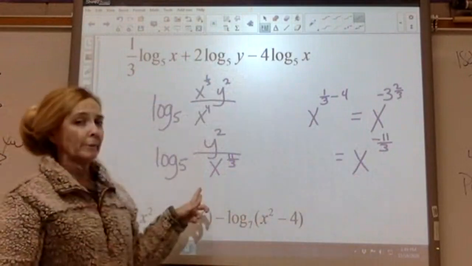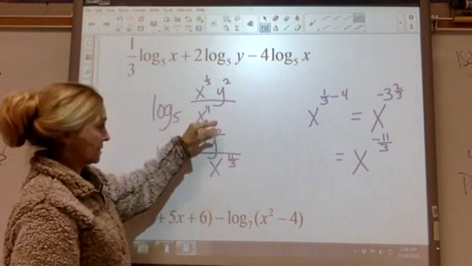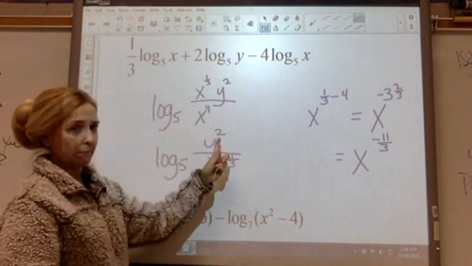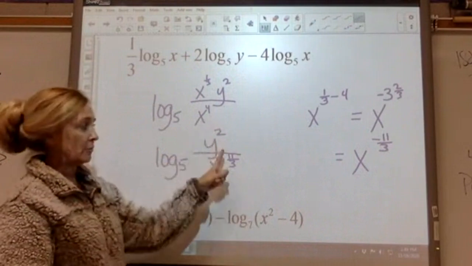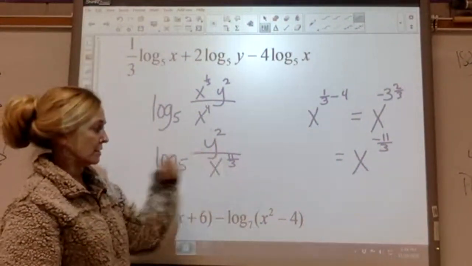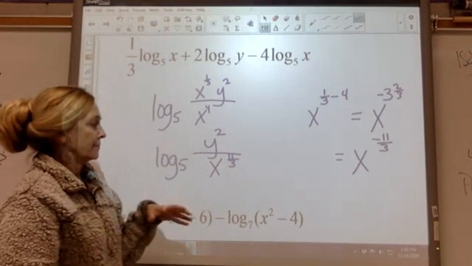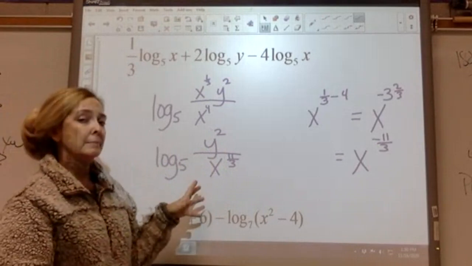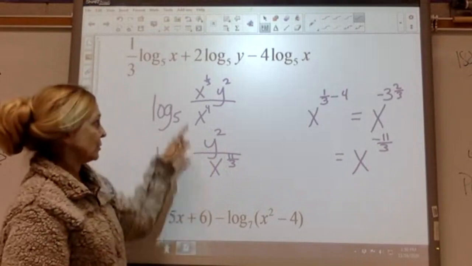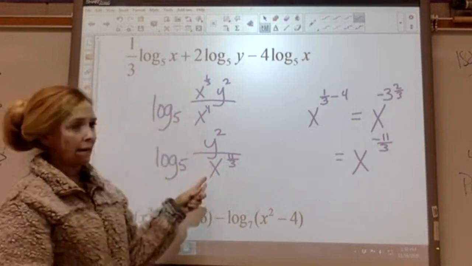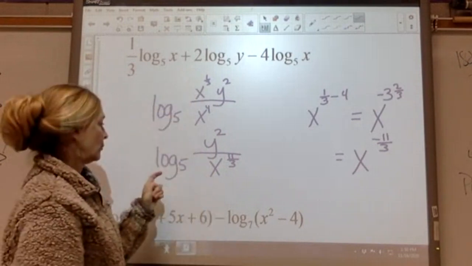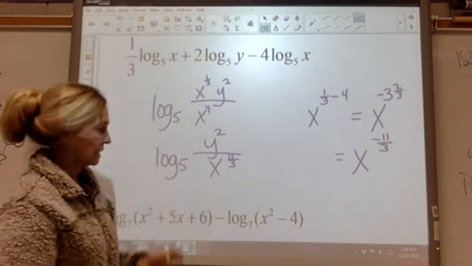Now, if the y squared had already been down here, and I moved this x down here, there would be a 1 to let people know that all this is in the denominator. So I have to put a 1 here to show that that's what was left on the top. Okay. Now, some mathematicians think that it's better to leave it this way than to write it as a single x. And so when you're doing your homework, just read the fine print and see what it says.